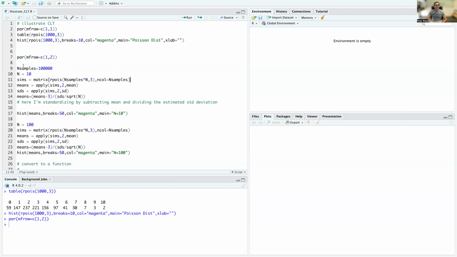Now I'm going to use the same ideas that I did before. I'm going to simulate a total of 100,000 times 10 Poisson random variables. I will populate an array called sims with those results. Each column of sims will be a separate sample. I will apply the mean function to each column, and then I'm going to normalize it.